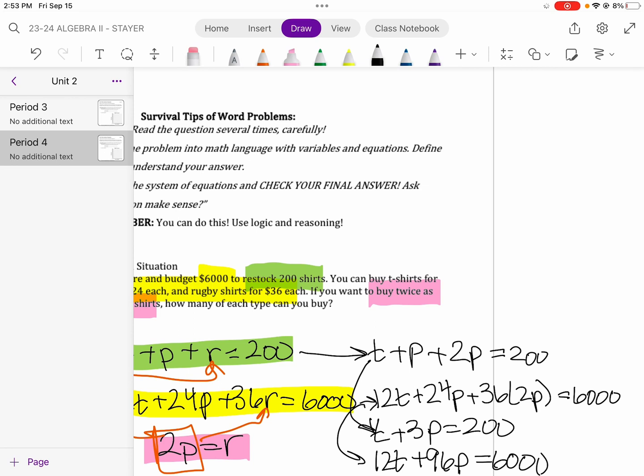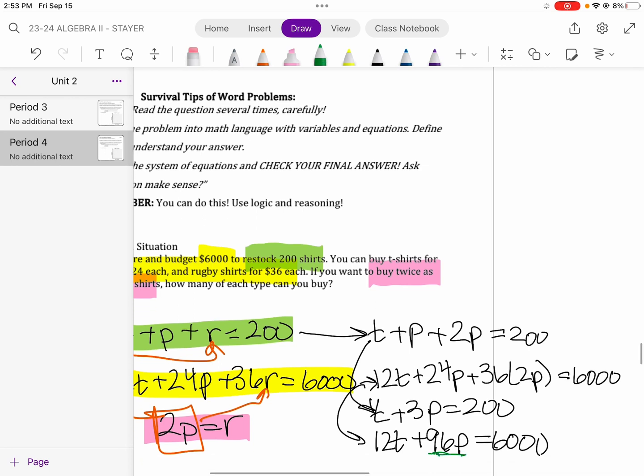Remember where that 96 is coming from? It's really this right here. 96 is coming from the 24 and the 72. Right here, the 3P is coming from that.